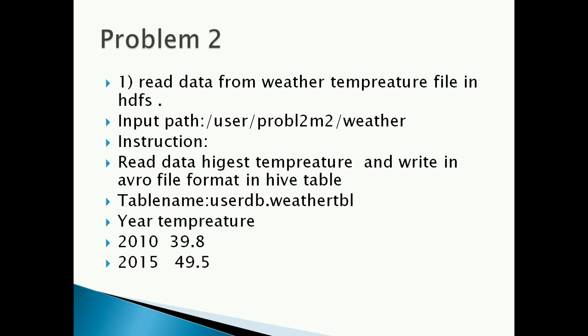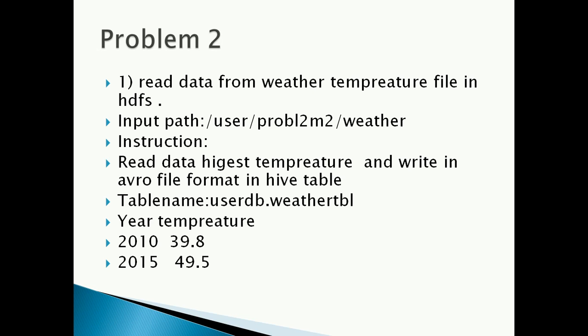This question comes like: read data from the weather temperature file in HDFS, that is /user/problem2/weather, read the highest temperature and write it in Avro file format in a Hive table. It means you have to calculate the highest temperature and then write it in Avro file format in a Hive table.